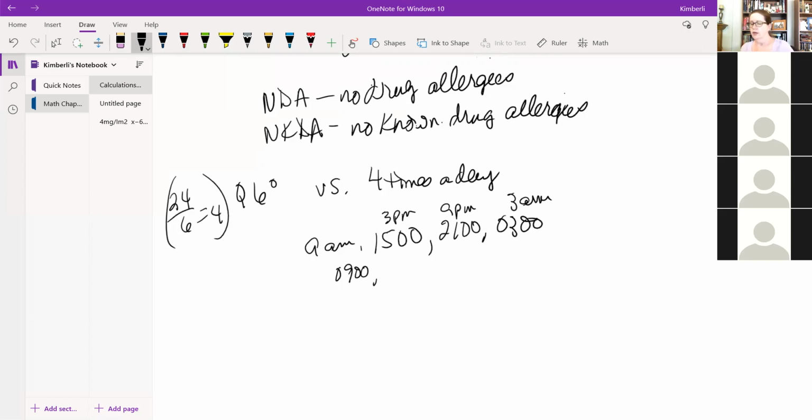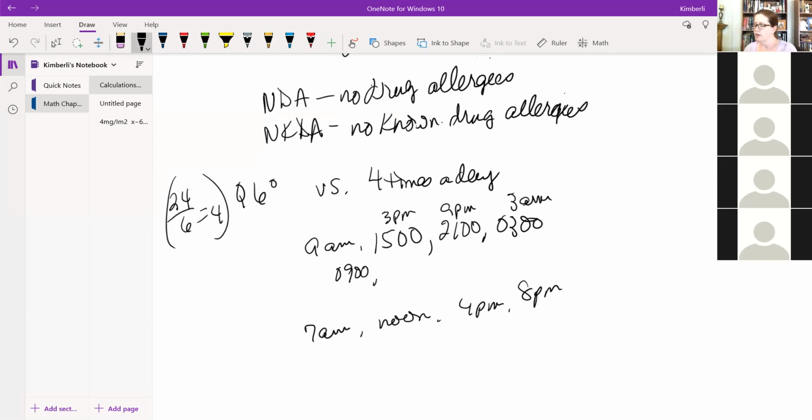Okay, so how about the blood levels of the drug in the body? If they take it 4 times a day, they could take it at 7 a.m., noon, 4 p.m., and then maybe 8 p.m. because they're in the hospital and they're probably going to get a sleeping pill and go to bed early.